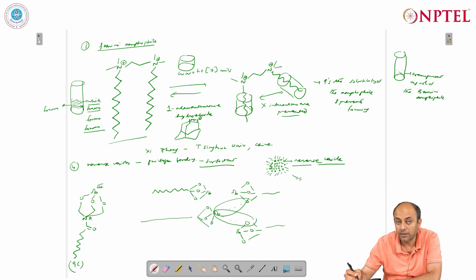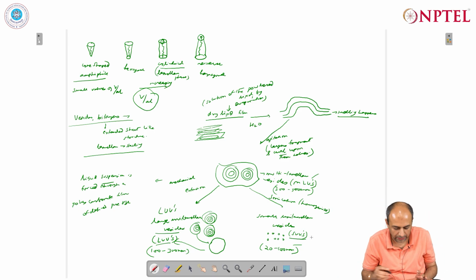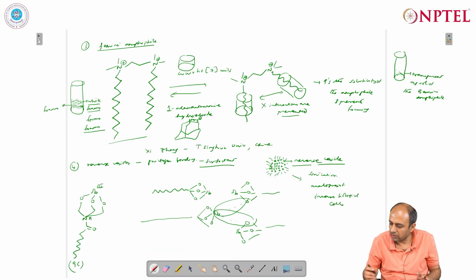And then we have already learnt in the previous lecture that sonication can lead to the formation of these SUVs, which are the small unilamellar vesicles, which are actually the analogues of inverse biological cells. So, we looked at in the previous lecture, these small unilamellar vesicles can be formed by the process of sonication. So, here also we can do the process of sonication and we can generate the inverse biological cells.